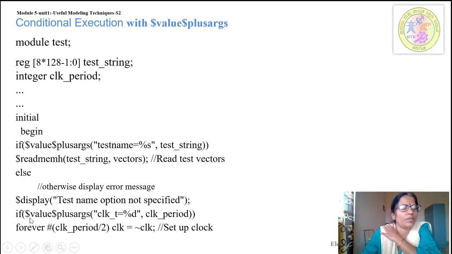And if $value$plus$args is equal to clock period %d, then forever clock period by 2 is equal to not of clock. We are dividing the clock period by 2 and setting up the clock, switching it off and on and off, forever, with the clock period divided by 2.